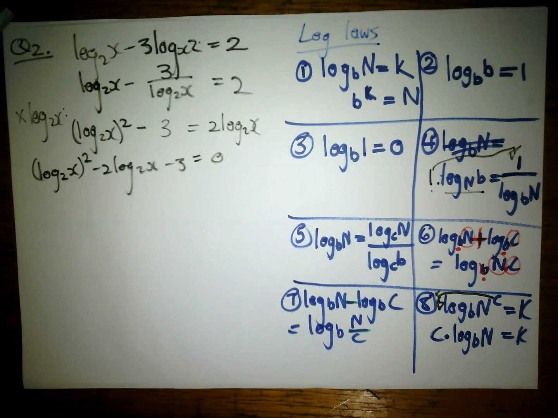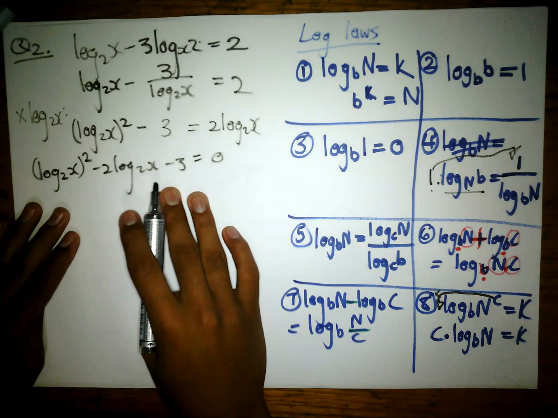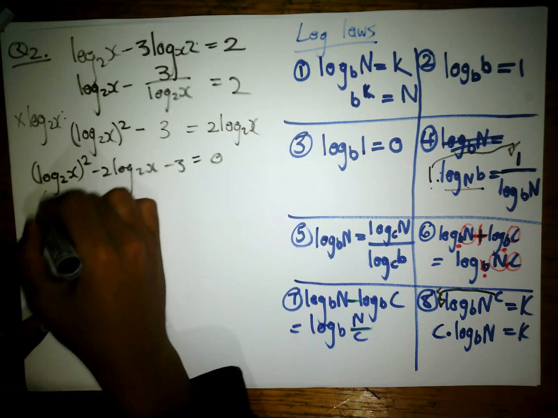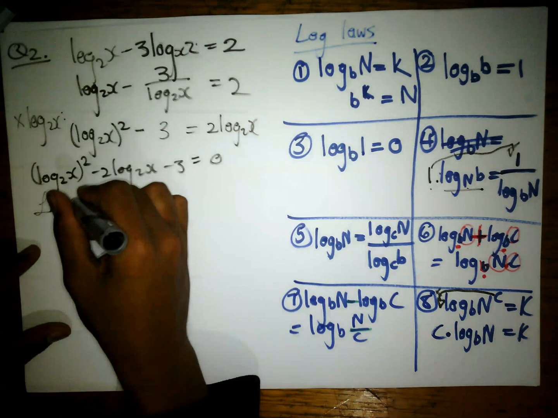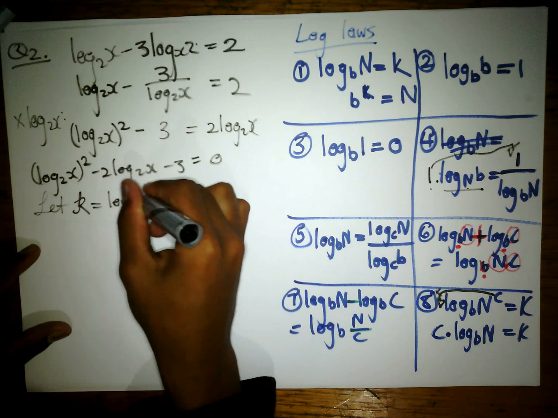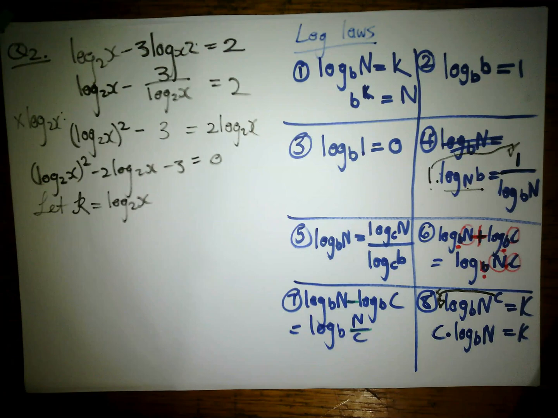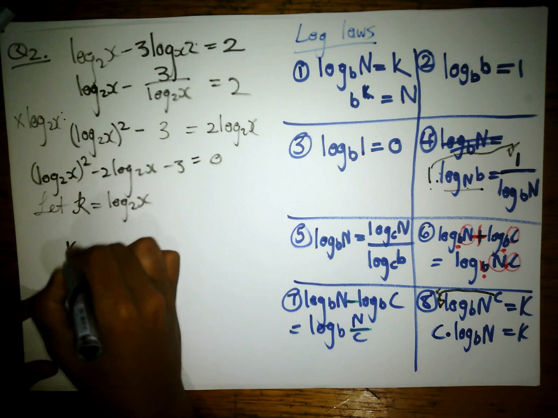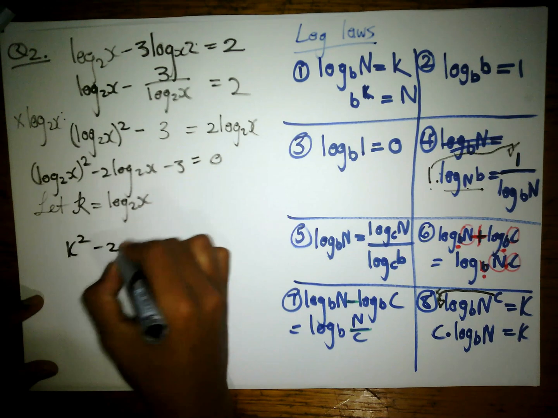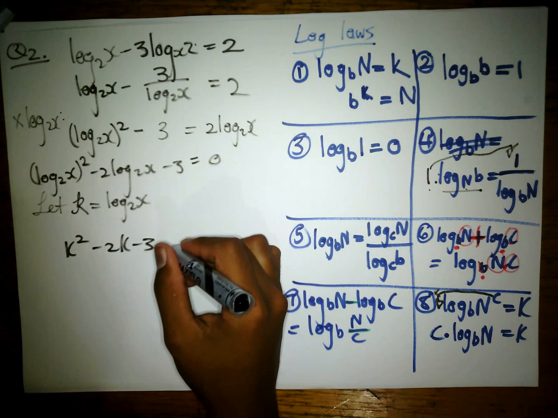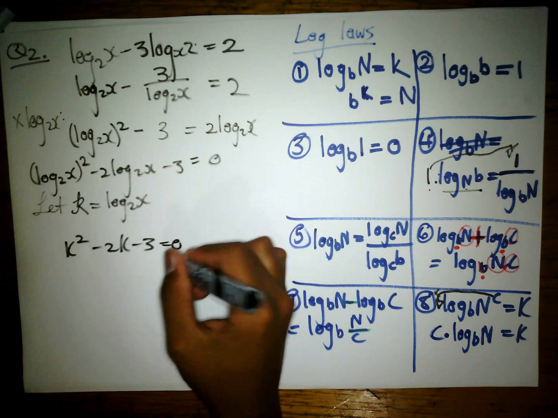This is one of them, because we're going to factorize this, but to make it easier, we're going to use the K method. So let K equal log 2x. Now please listen carefully. This becomes K squared minus 2K minus 3. Okay, you can say, yeah, equal to 0.